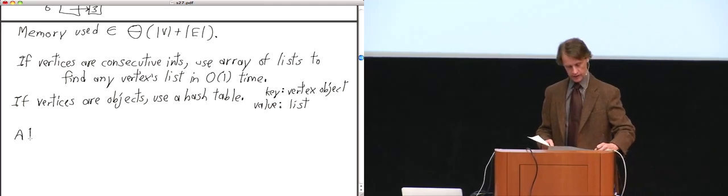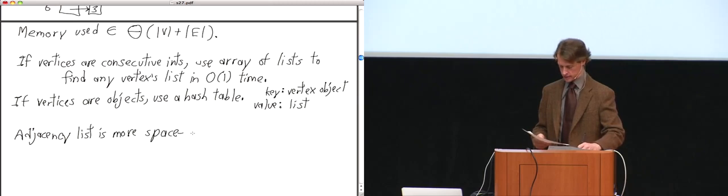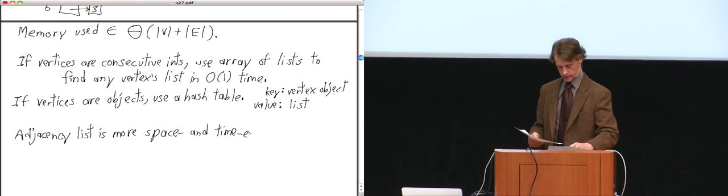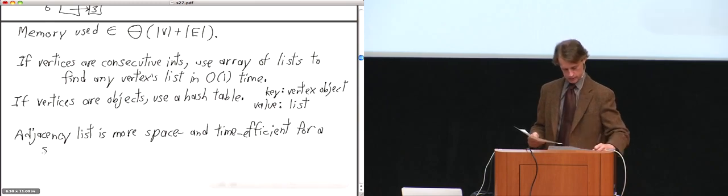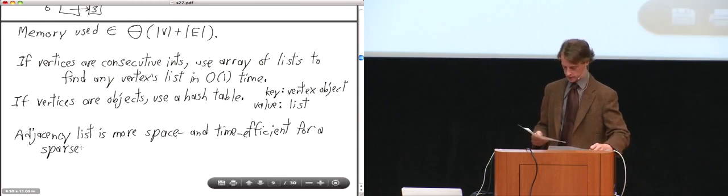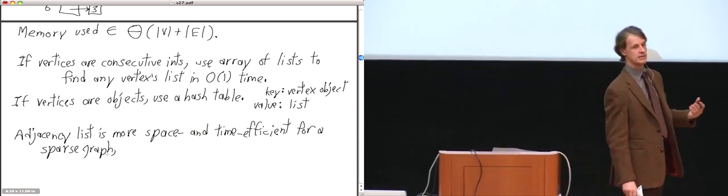And let me remind you that an adjacency list is more space efficient and usually more time efficient when you are working with a sparse graph. But suppose you have a graph that has every possible edge.